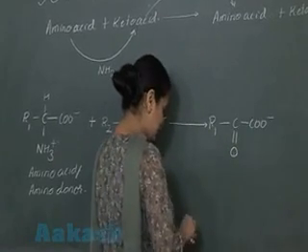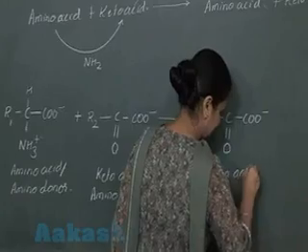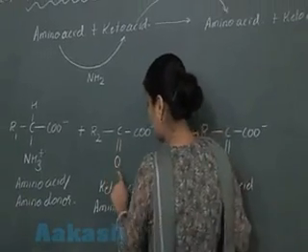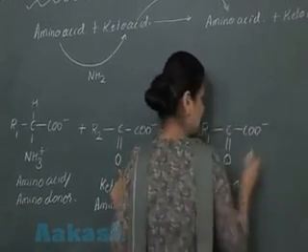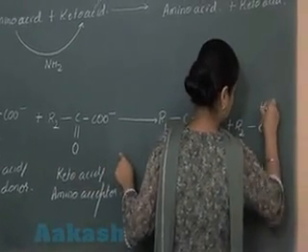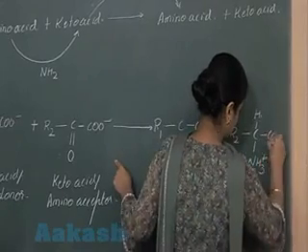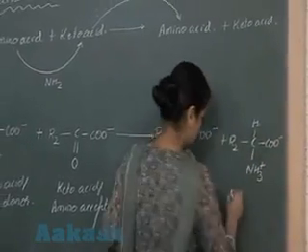It is changed into keto acid. और जो कीटो एसिड है वो अमाइनो ग्रुप एक्सेप्ट करेगा. After accepting the amino group, now the keto acid is converted into the amino acid. Right?